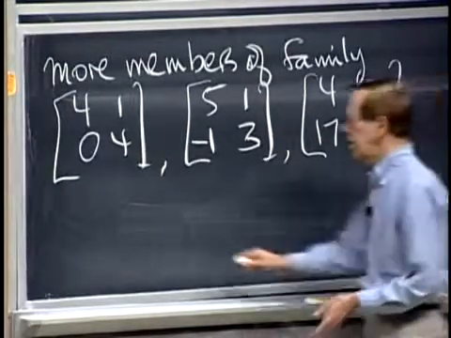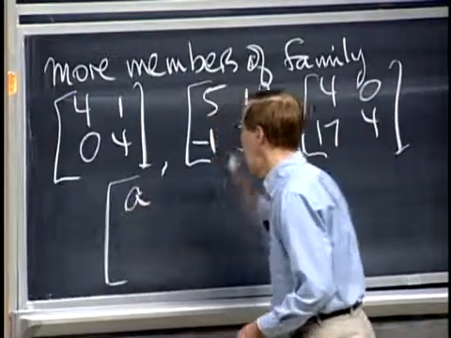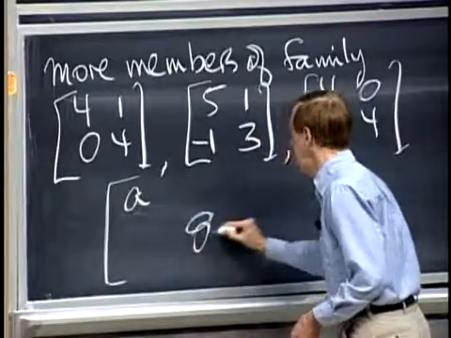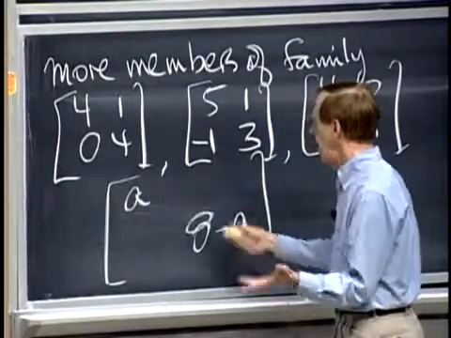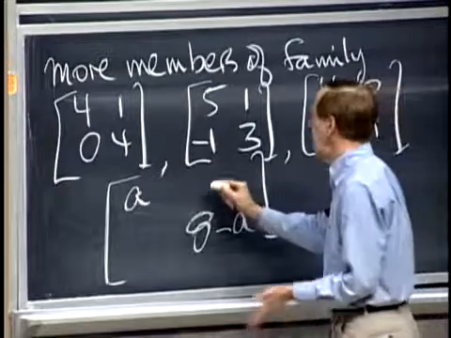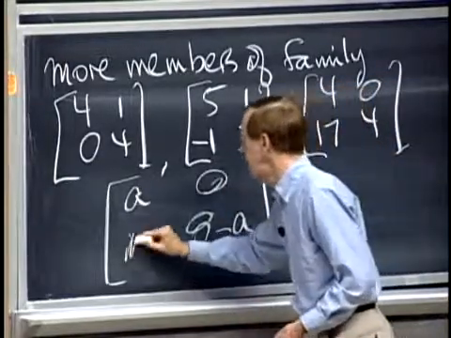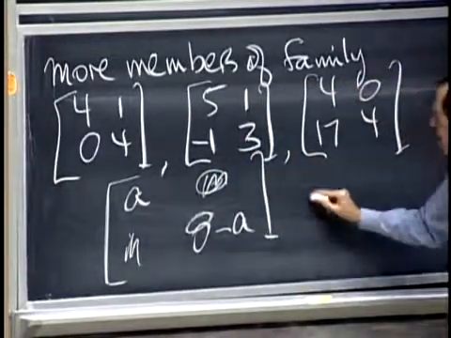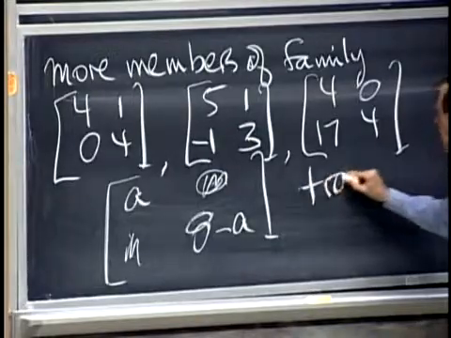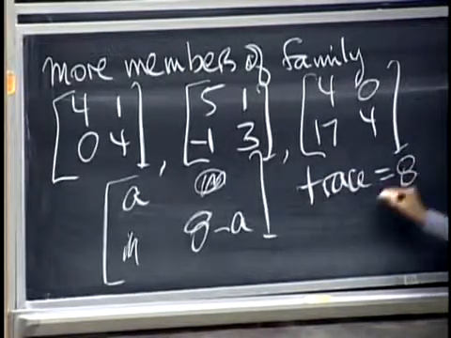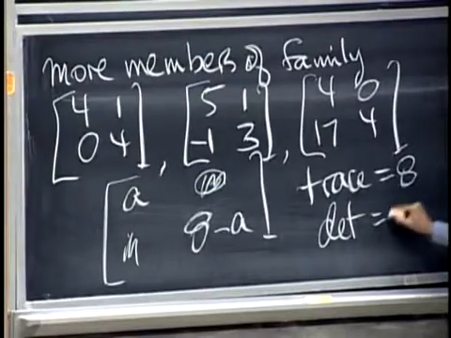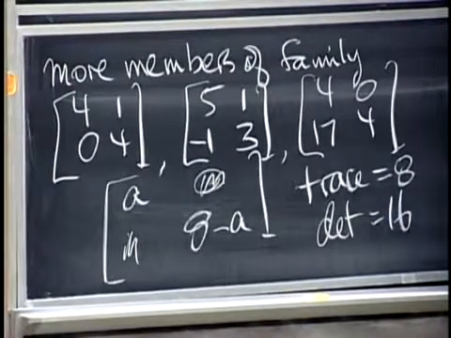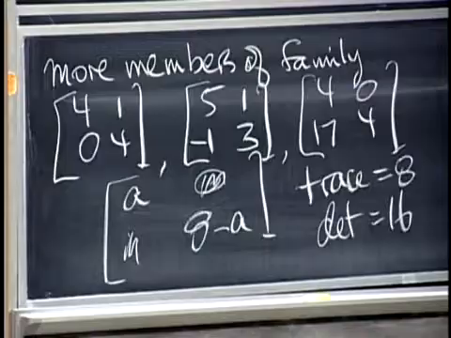And you can see the general picture is I can take any a, and any 8 minus a here, and any, I don't know, whatever you put, b. Anyway, you can see I can fill this in to make the trace equal 8, the determinant equals 16. I get all that family of matrices, and they're all similar.